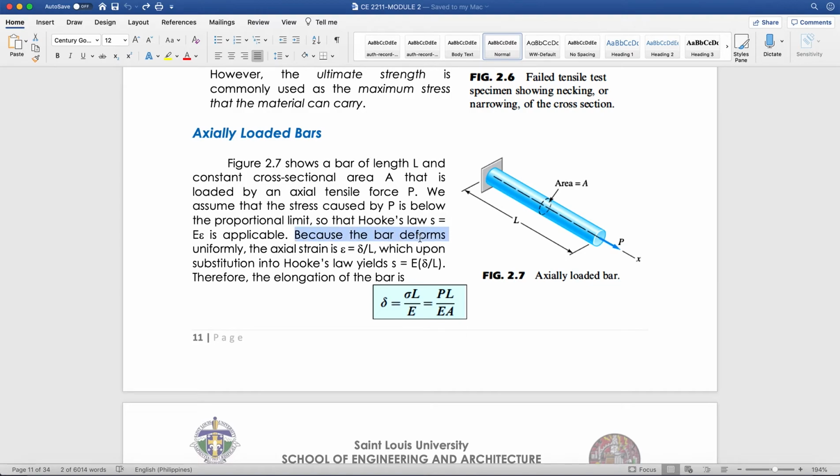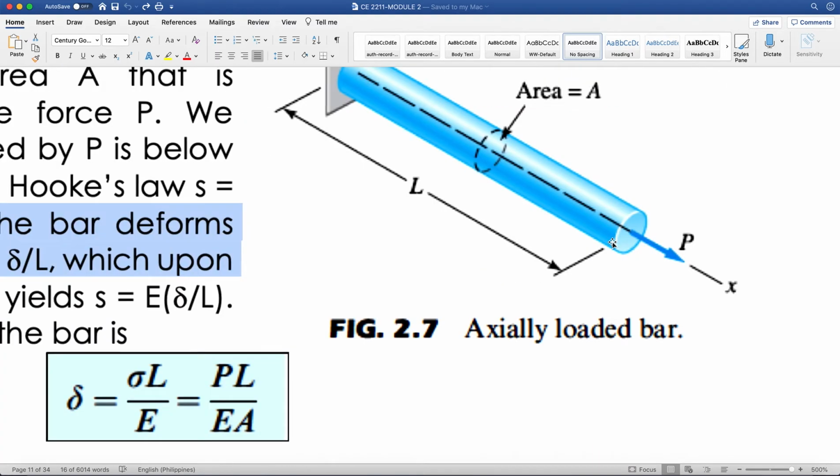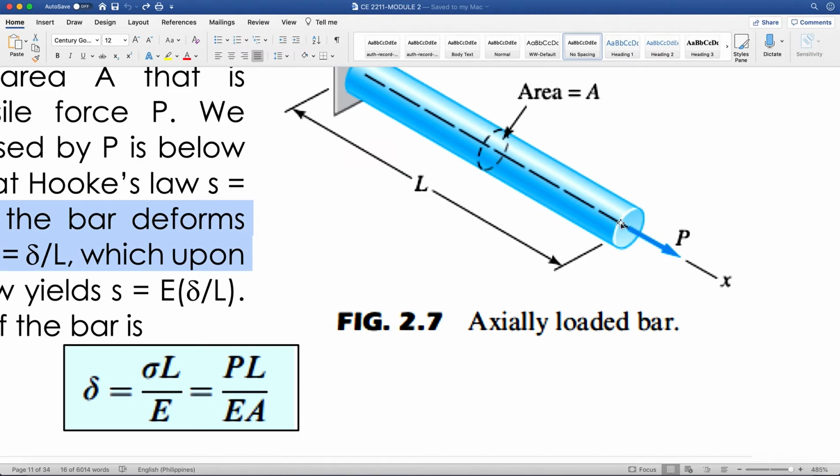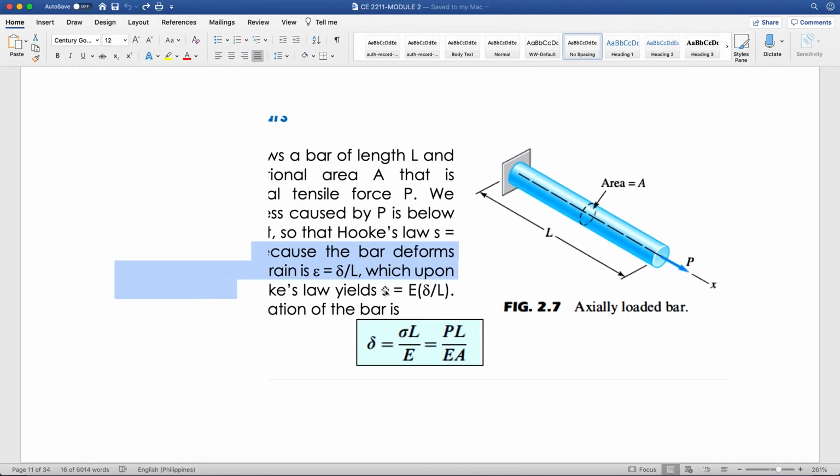Because the bar deforms uniformly, since it is in normal strain or normal stress, the deformation from a certain point will be the same as the deformation all throughout this cross-sectional area. Okay?